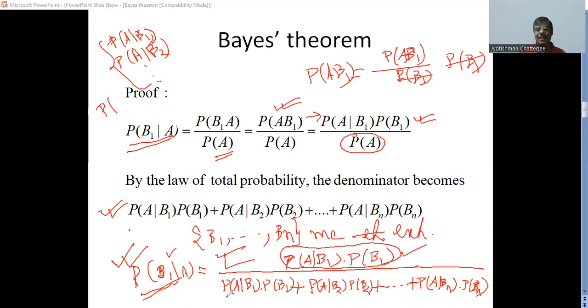See, that's what it is. First we repeat whatever is written here in the numerator as the first term of the denominator, this one. Then the second term is nothing but the same as the first with only B2 replacing B1 and so on. And the last term is nothing but Bn replacing B1.